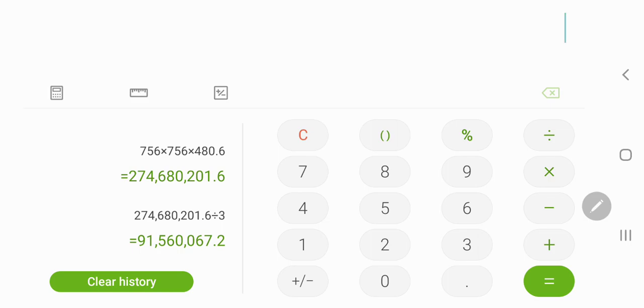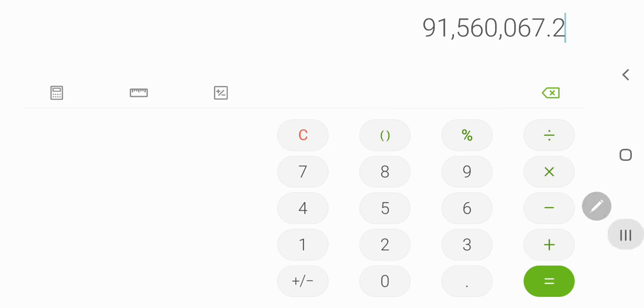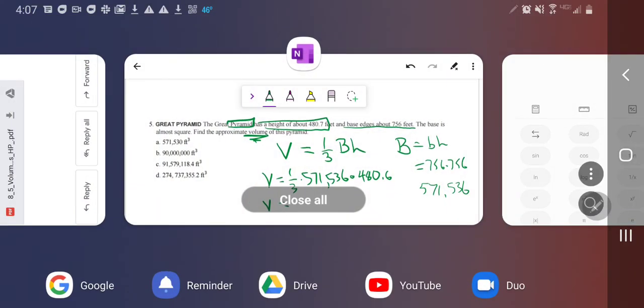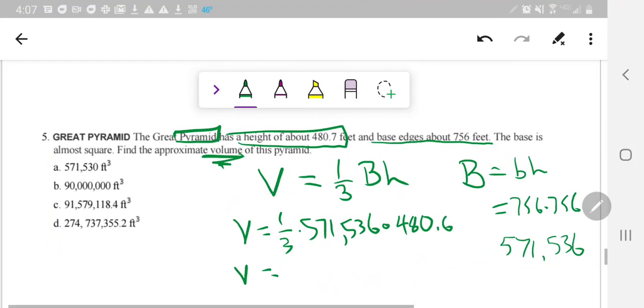Okay, I did. So it's about 91.5 million, which is over here. 91.5, comma. Looks like it's that guy there.